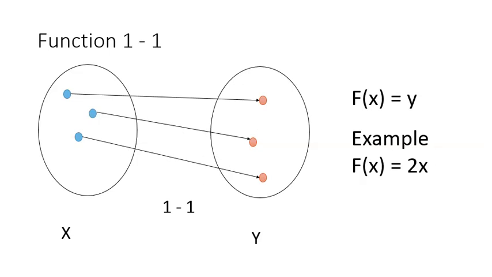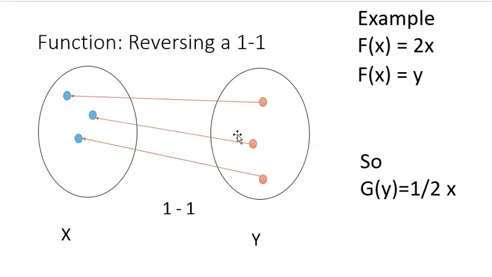But I could also work it out by driving it the other way. So I could work out the reverse of that, which means going in reverse, instead of doubling things, I would simply halve them. So a 0 halved is still 0, 2 halved would be 1, and 4 halved would be 2. And so I could actually turn this on its head. I could turn the outputs into the inputs and create another function going the opposite way.